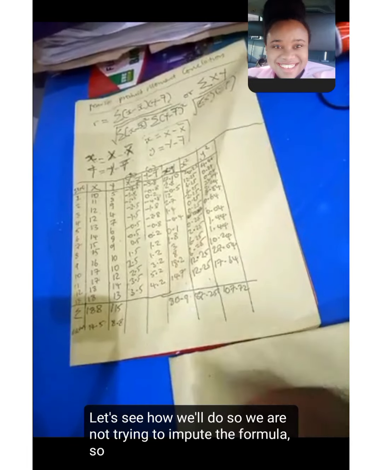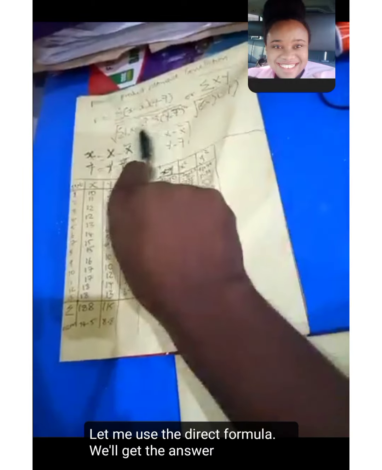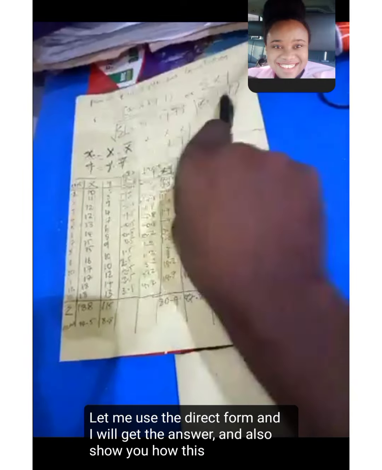So we are now trying to impute the formula. Let me use the direct formula. We'll get the answer and also show you how these ones are the same. Let me write the formula.